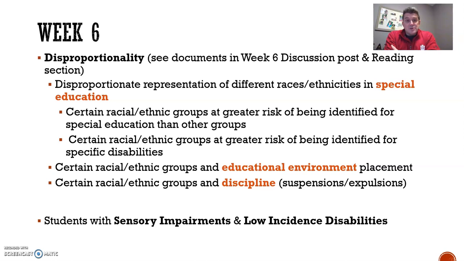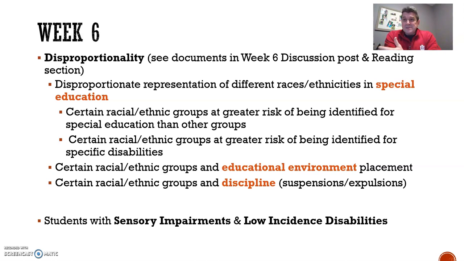So it could mean that there are certain racial or ethnic groups that are at greater risk for being identified for special education in general, or that could be at a greater risk for being identified for a specific disability. Another thing that you will hear about occasionally, and we have dealt with in Indiana and in several districts around the Indianapolis area, is African American students being at greater risk of being identified with an emotional disability, or being at greater risk of being identified with a cognitive disability.